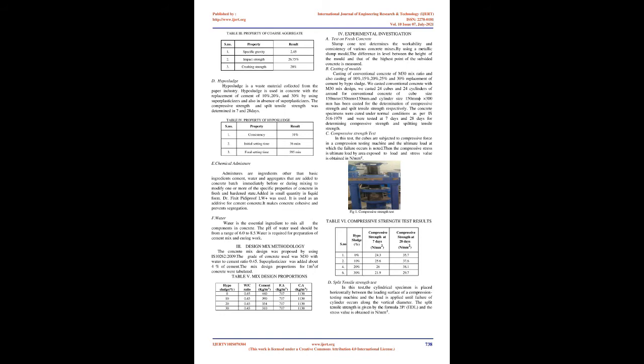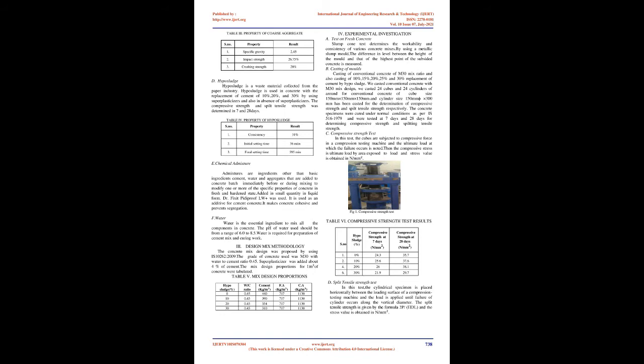C. Coarse aggregate. Coarse aggregate consists of crushed granite or basalt rock conforming to IS 383. Coarse aggregate is used in the size of 20 mm. The physical properties of coarse aggregate, like specific gravity, impact strength, and crushing strength, are tested in accordance with IS 2386.